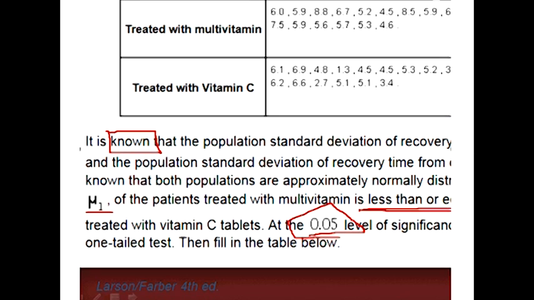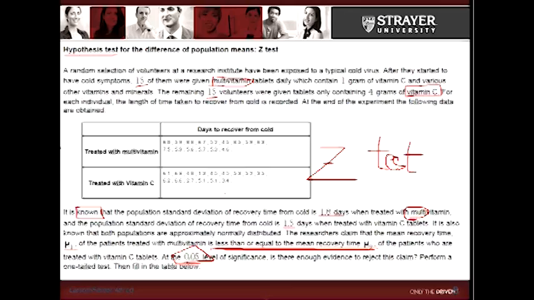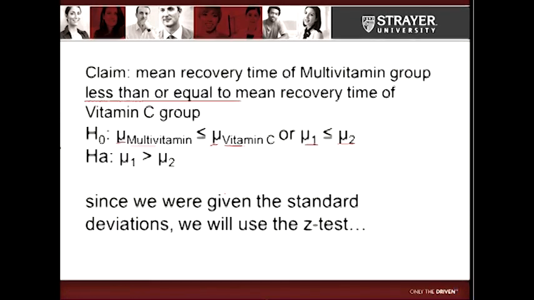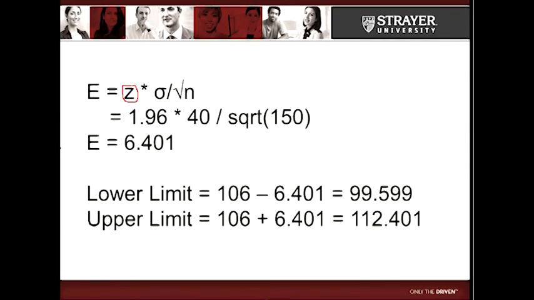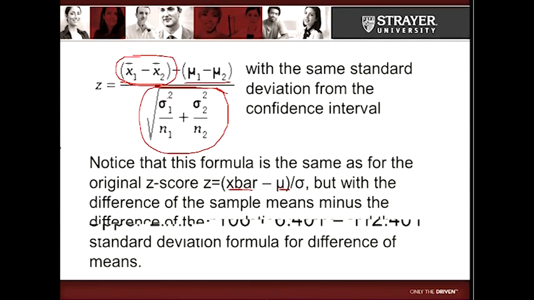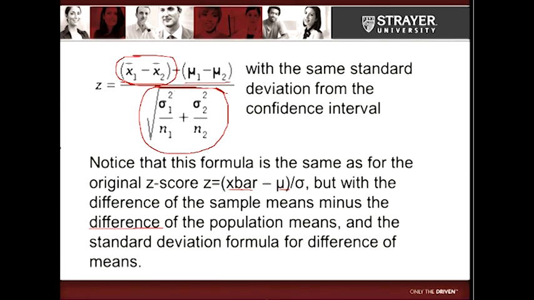Then, if I subtract those two values, move my window back. If I subtract the means of the two groups, then I will get the standard deviation of all of that worked out from that big formula is 40. From all of this, I put in the numbers that were given.